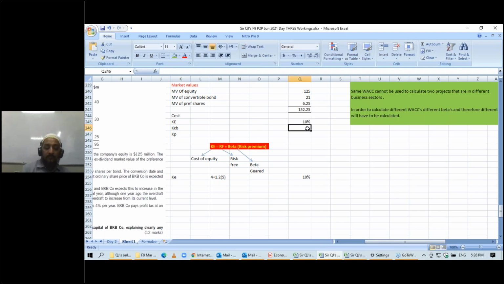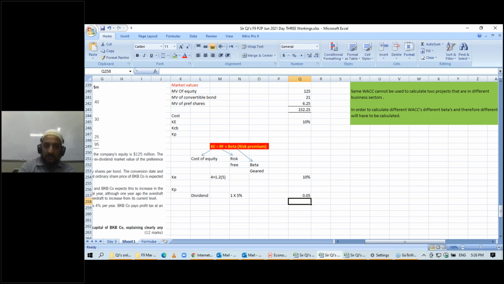Now moving on to the cost of convertible bonds. Before that, let's calculate the cost of the preference shares. In the case of preference shares, we need to know the dividend first. It's a $1 preference share, and the rate on the preference shares is 5%, so the dividend will be 0.05.